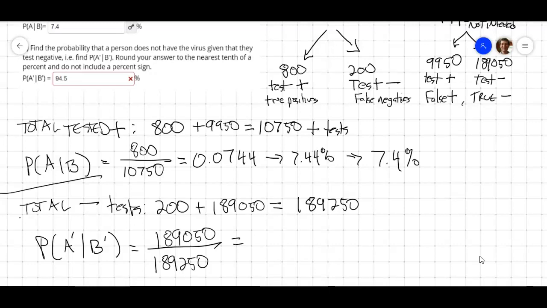So we divide these numbers out, and we get 0.99894. So that's 99.9%.